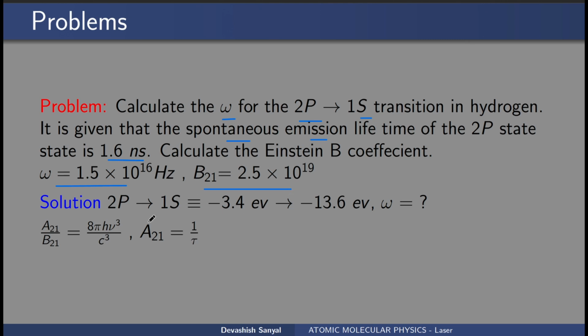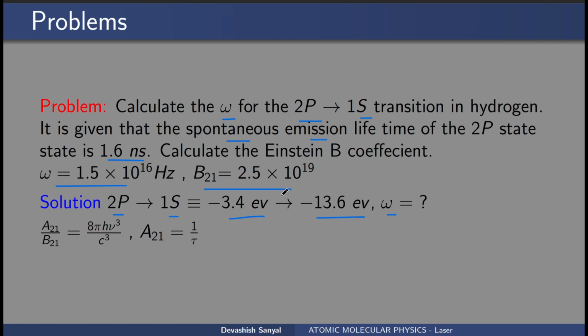So first, how can you calculate omega? The 2p to 1s transition is basically a transition from the state having energy minus 3.4 electron volt to the state minus 13.6 electron volt. So from here, h cross omega is equal to the change in energy, and we can calculate omega. And A21 is given.